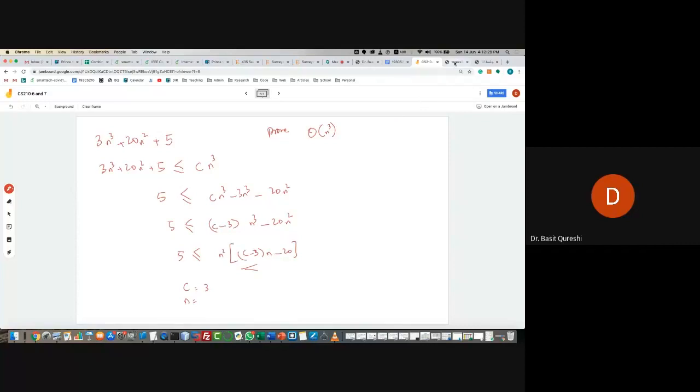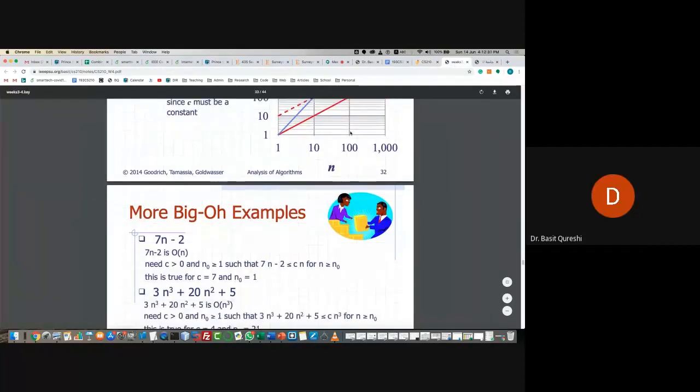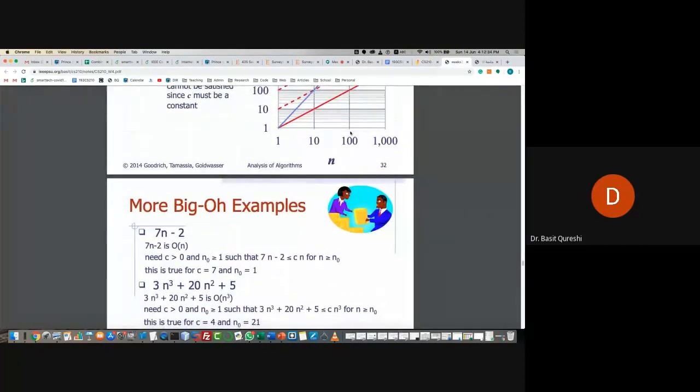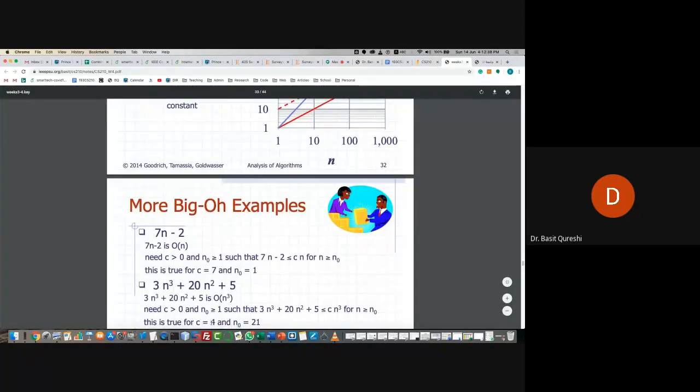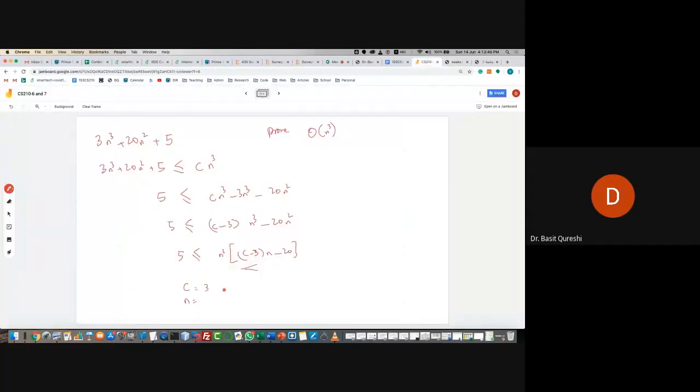Let me show you the solution for this. It says this is going to be true for c is 4 and n is 21. Let's verify that. We have 5 less than or equal to n squared times n minus 20, with n being 21.